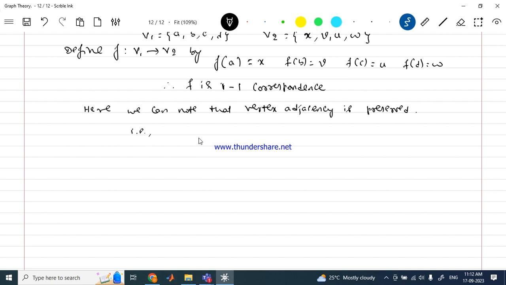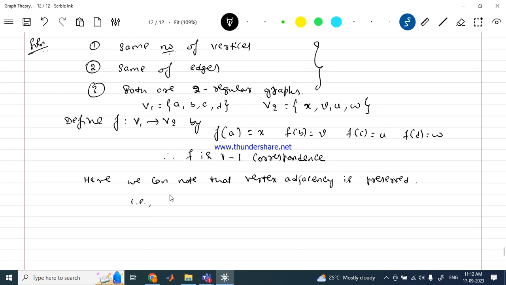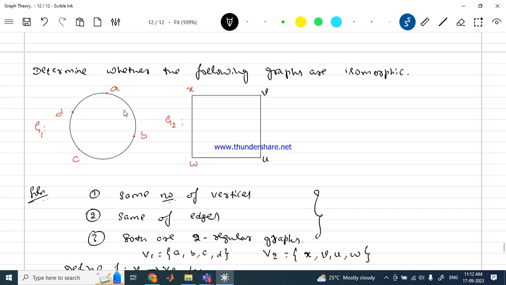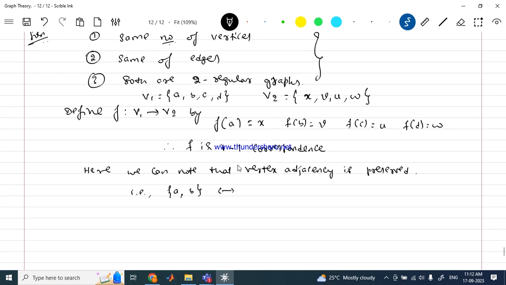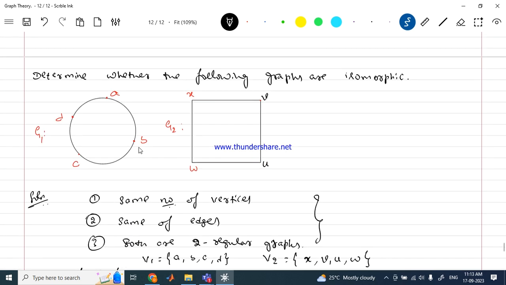What I am supposed to do here is show a few edges. So the edge AB is mapped to XV. AB is mapped to XV. Next, I have only four edges here. Let me list all the 4 edges and we will write the corresponding edges in the second graph. So AB, BC.